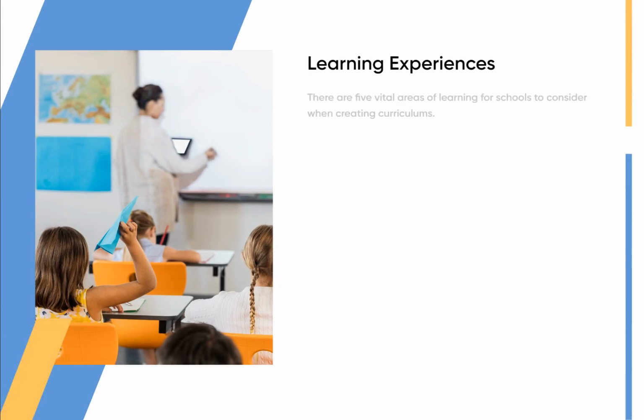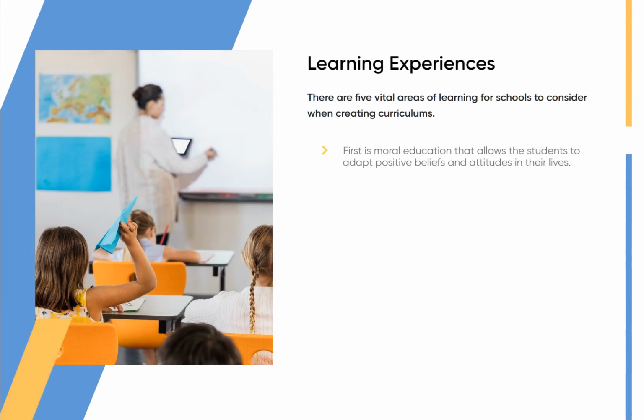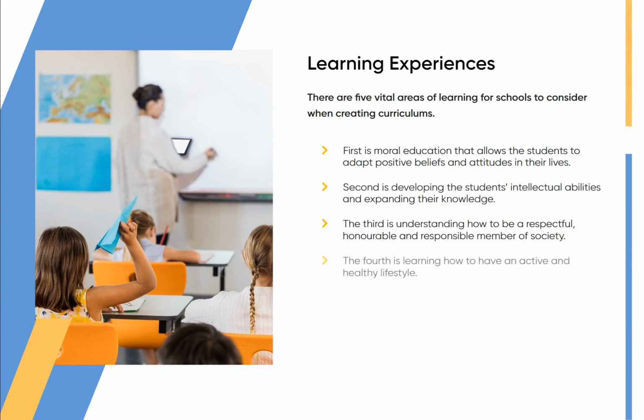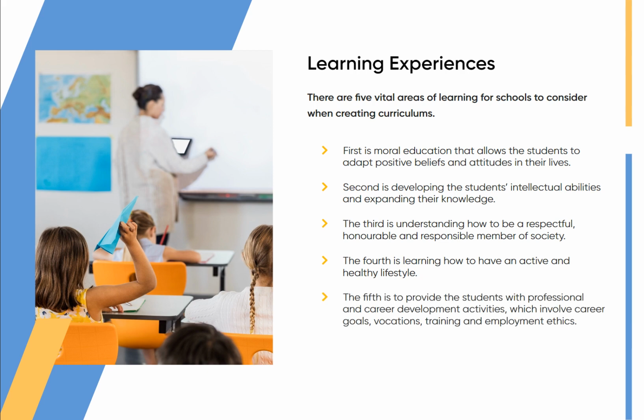Learning experiences. There are 5 vital areas of learning for schools to consider when creating curriculums. First is moral education that allows the students to adopt positive beliefs and attitudes in their lives. Second is developing the students' intellectual abilities and expanding their knowledge.